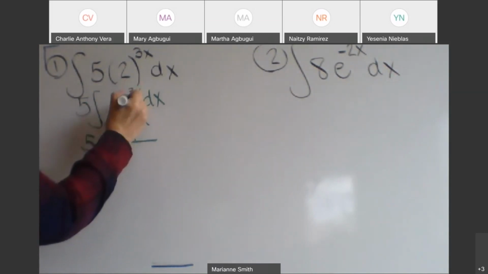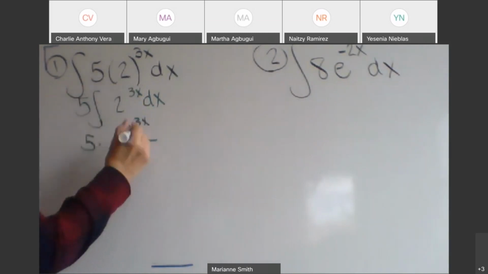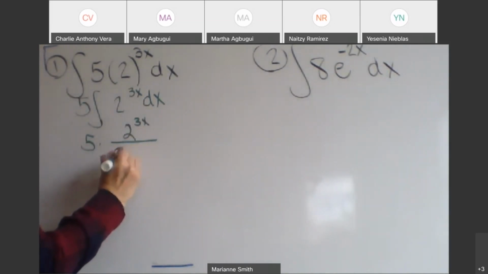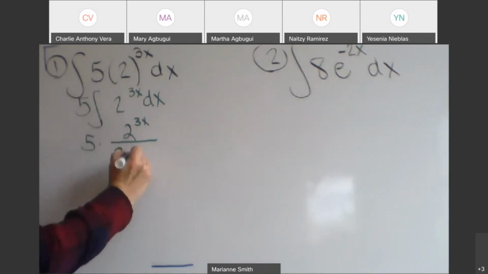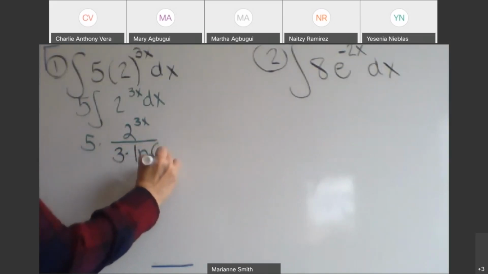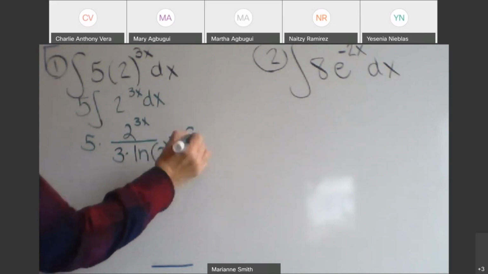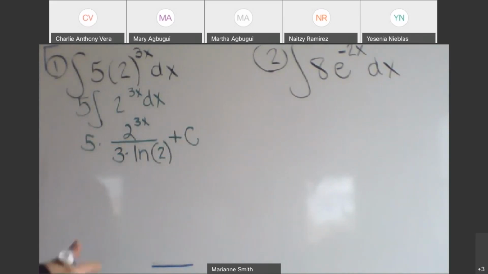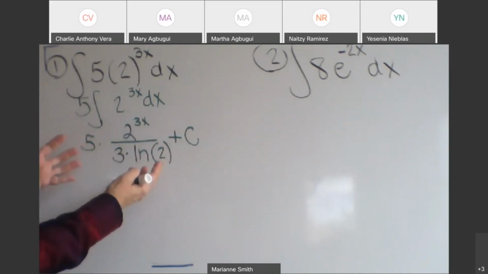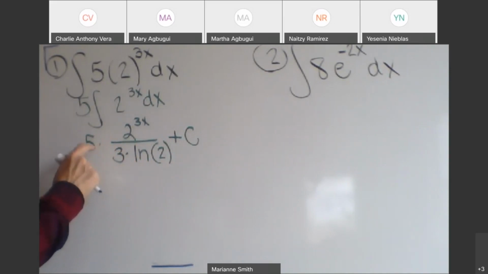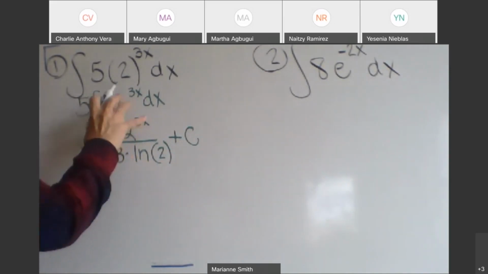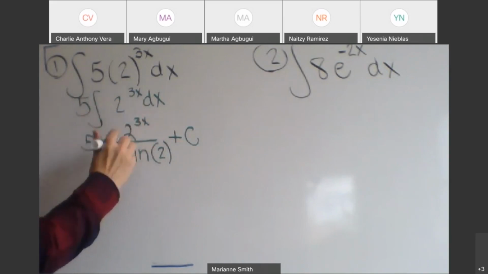And then downstairs, I have this constant up here in the denominator, and then I'm going to multiply that by ln of the base. The base is a 2. Add the constant of integration. And then let's see if we can do any simplifying. I have a 5 in the numerator times this original exponential.